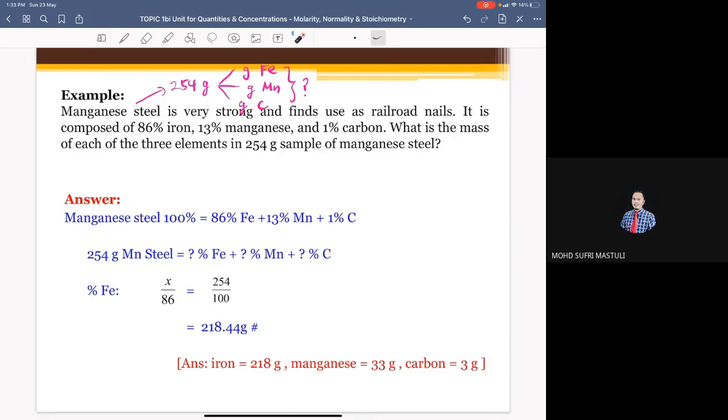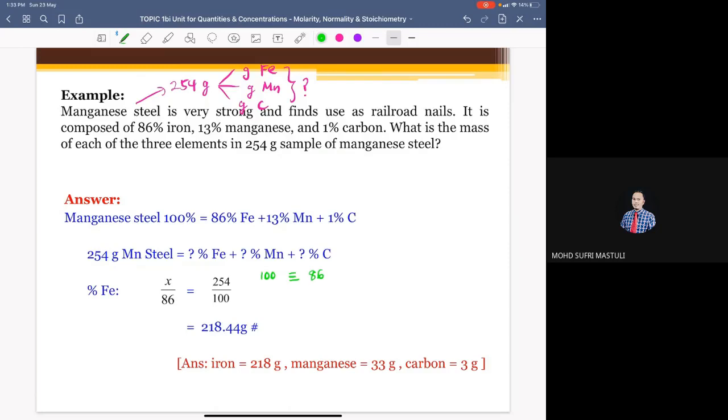We can do it in this way. We know for Fe, 100% of manganese steel contains 86% of iron.